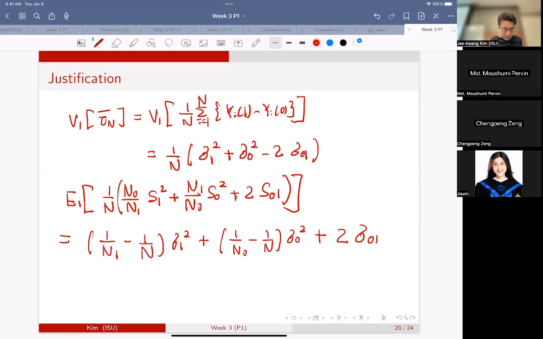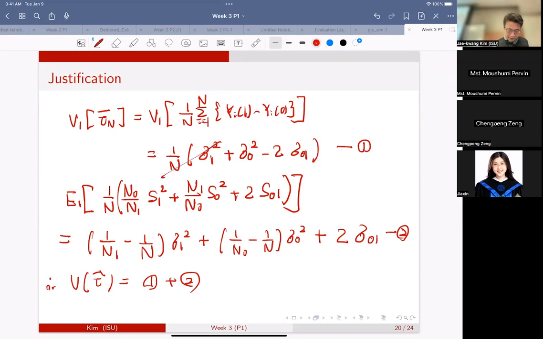Okay. So the total variance is this guy. So this is 1. This is 2. 1 plus 2. Hopefully there could be some simplification.